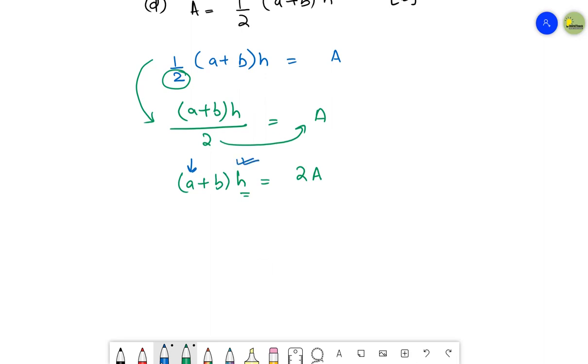Remove the H first and then shift the A that is present inside the bracket. So this particular H is multiplying with the bracket. Since it is in multiplication, if I shift it to the other side, it will be in division. It is going to be in the denominator. So A plus B equals 2A divided by H.